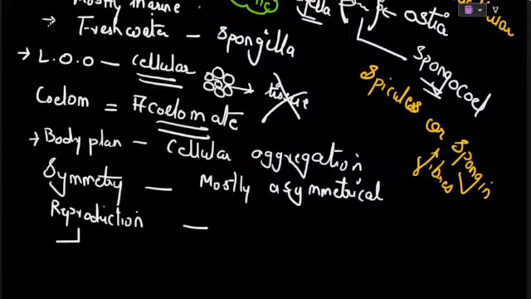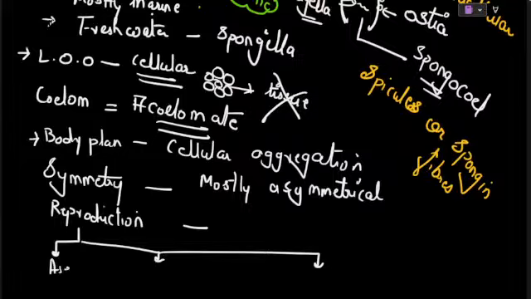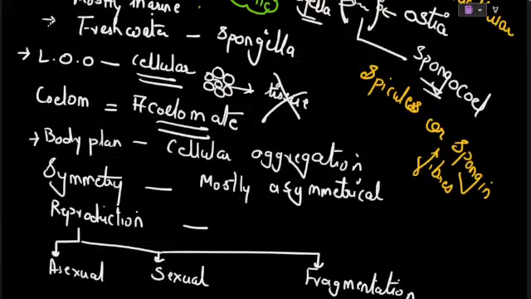So reproduction is by three different modes. First is asexual. Second is sexual. And third is fragmentation. As you already know, fragmentation is a type of asexual reproduction.